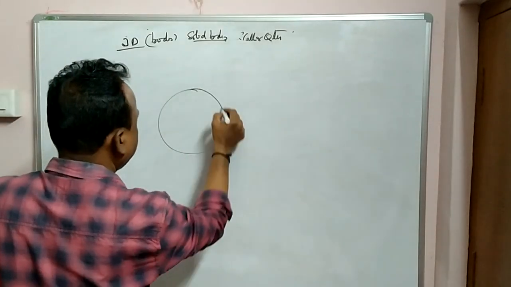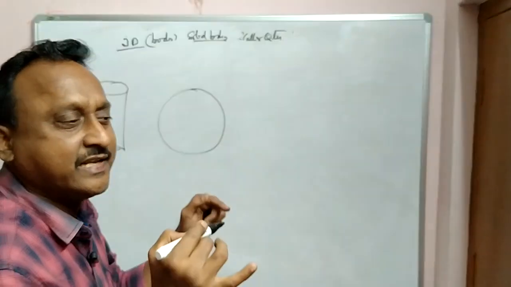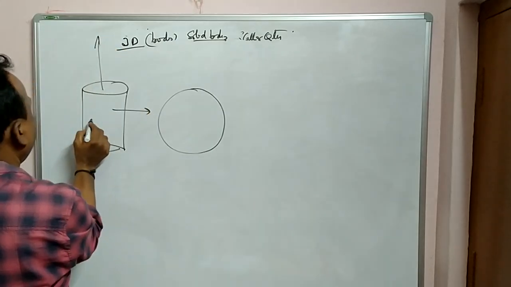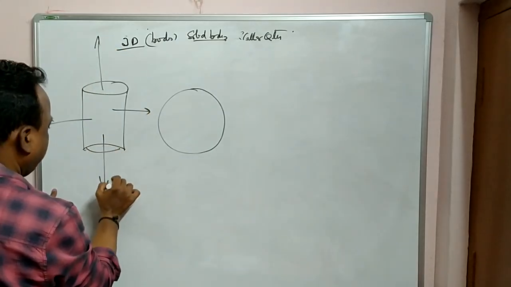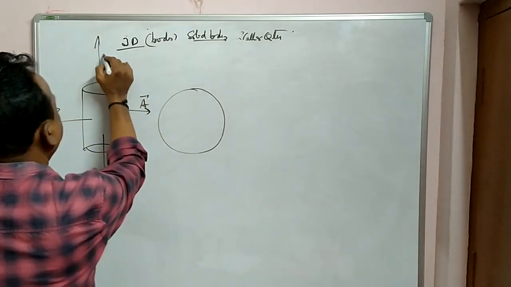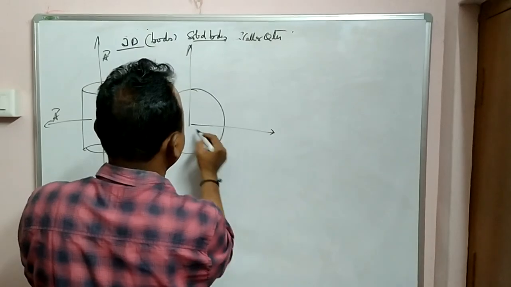In such figures, please make a note: always outside, never inside. The area vector will always be outside only. Very, very important. Okay? Always outside, please.